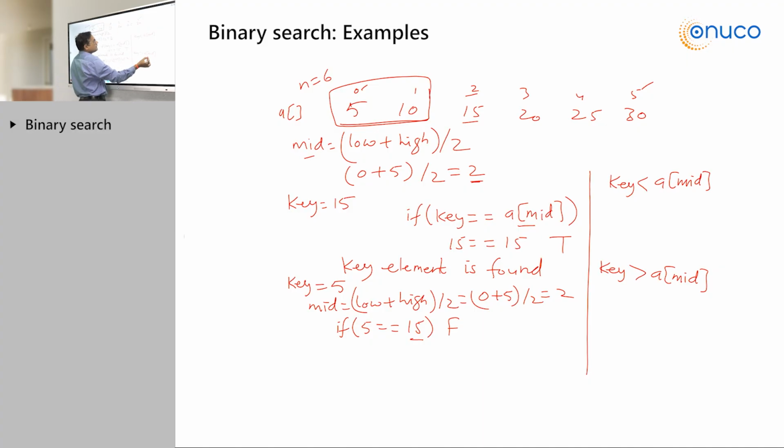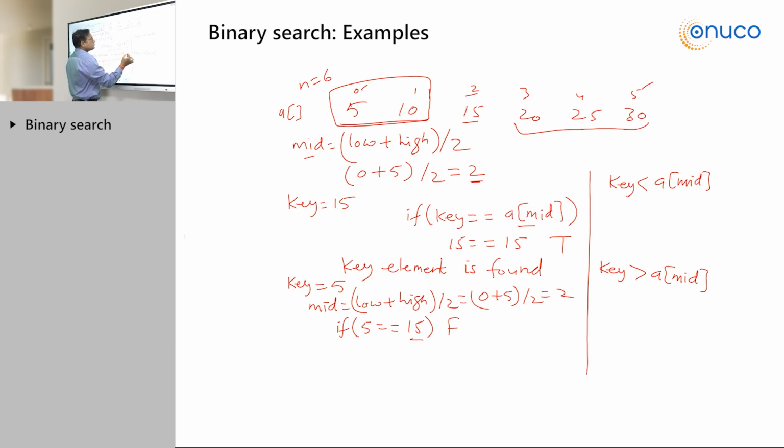If key is greater than A of mid, then the problem is not here. The problem is going to be in this part. So either you search in the left array or in the right array. So at one time we perform the task on one half of the array, not the complete array as we do in other problems.